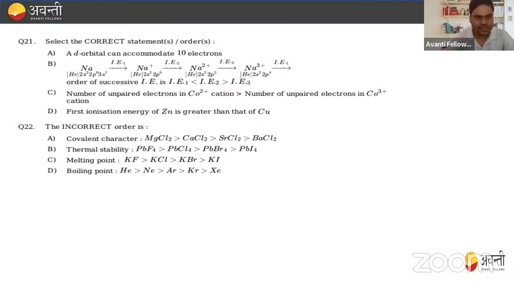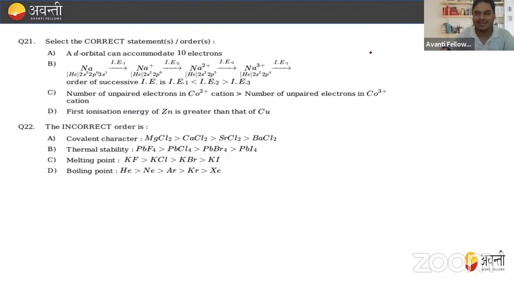Now, you have to select the right one, right? In this question, they are asking you to select the correct statement. A d orbital can accommodate 8 electrons.